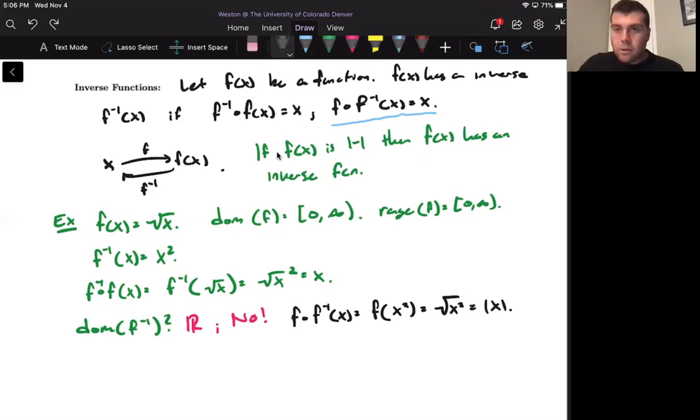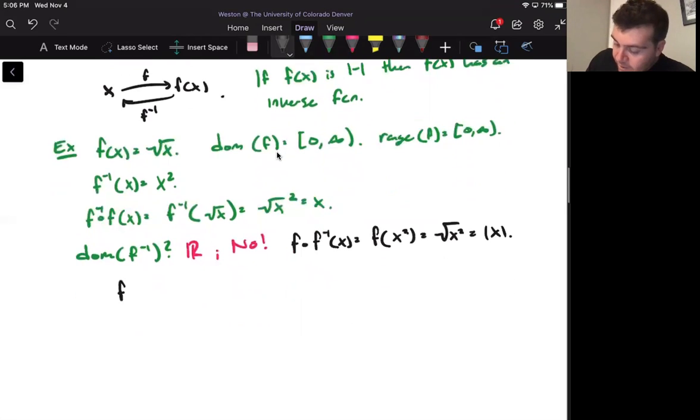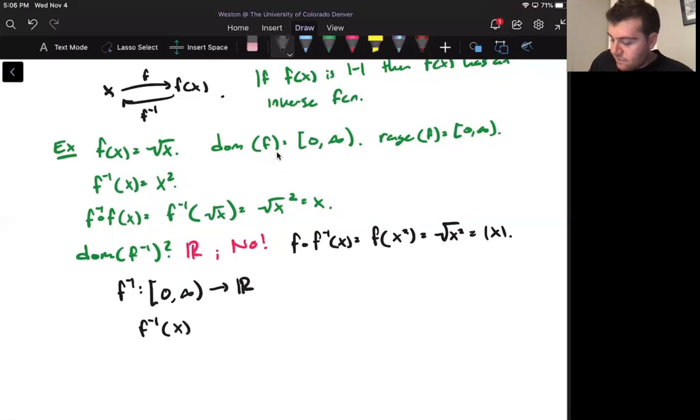There is a workaround. All we do is just limit the domain. So now we have to be careful when we specify the domain, but we just say f inverse is the function whose domain is 0 to infinity, and it can take on real numbers, and f inverse of x equals x squared.